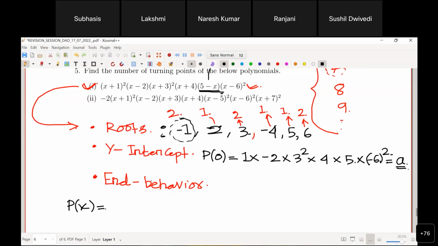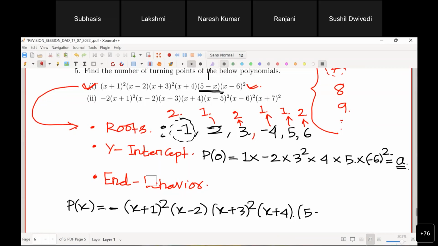Then my polynomial will become minus of x plus 1 whole square, x minus 2, x plus 3 whole square, x plus 4.